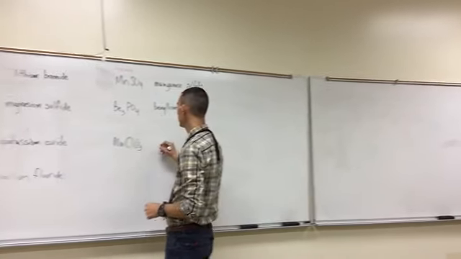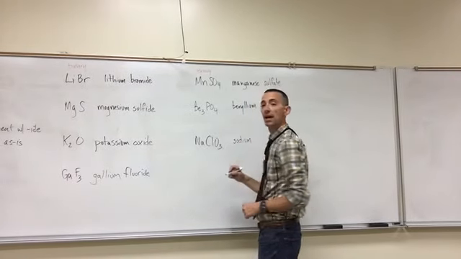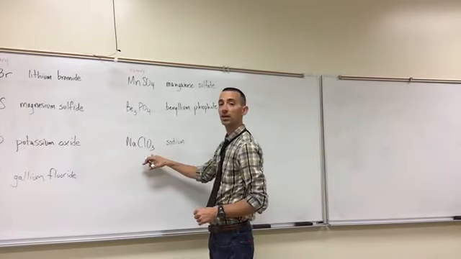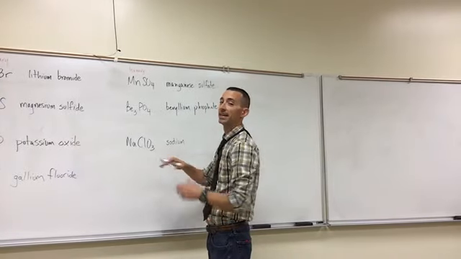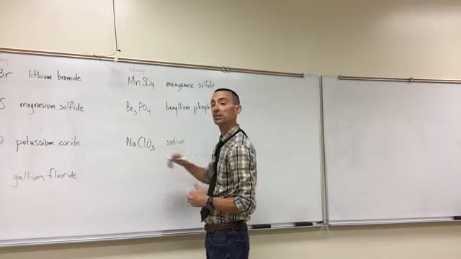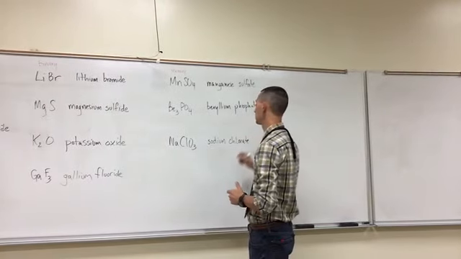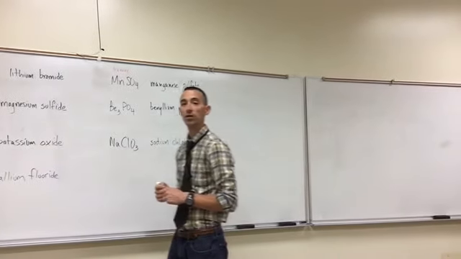And then our last case here, Na is sodium. And the ClO3 is another polyatomic ion. It's part of that family that we looked at last class, but the ClO3 is the chlorate ion. So that is sodium chlorate.